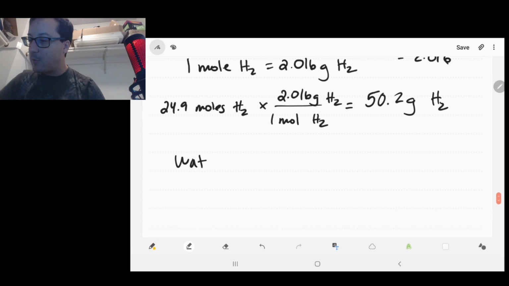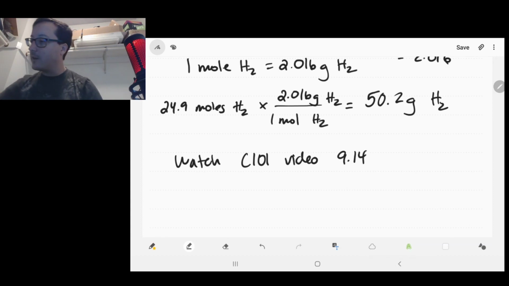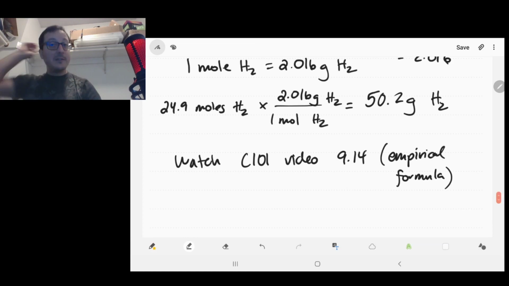So you're also going to watch the video for C111 today, which will be on there. It's on empirical formula, and it's using this idea of moles. It's how we can take experimental data and determine the formula of a compound using the mole idea.